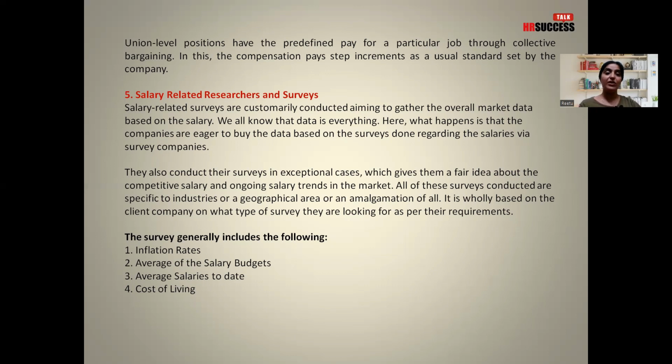So we haven't gone too much into detail because it's a completely separate topic altogether. But this was important to understand that creating a compensation model in an organization is not just one task. There is a lot of back end work that goes behind the scenes. And this is one of those crucial steps that needs to be done.